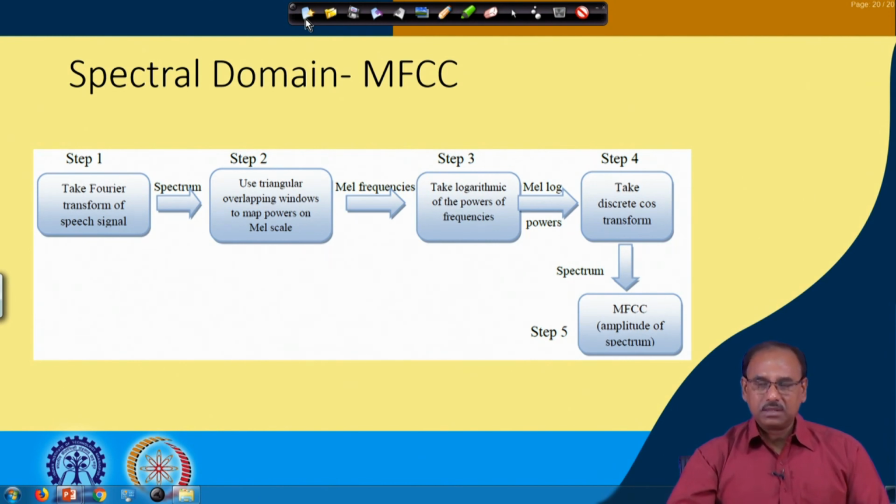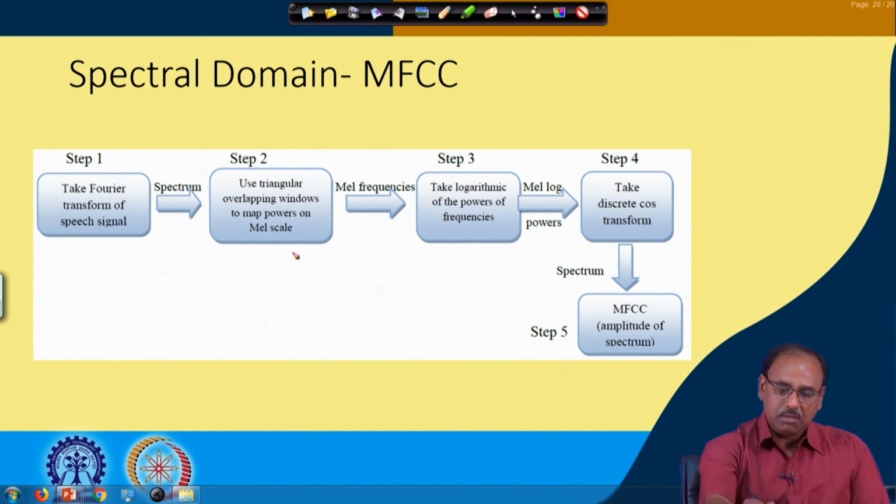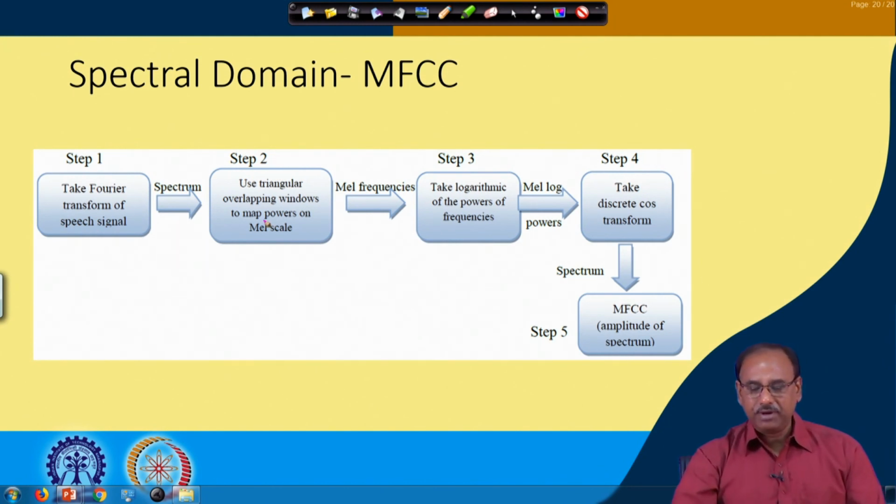Then you convert these Fourier coefficients into mel frequency coefficients. This is required because our auditory system is not that sensitive to high frequency components, but it is very sensitive to low frequency components. That is what is known as conversion to mel frequencies.